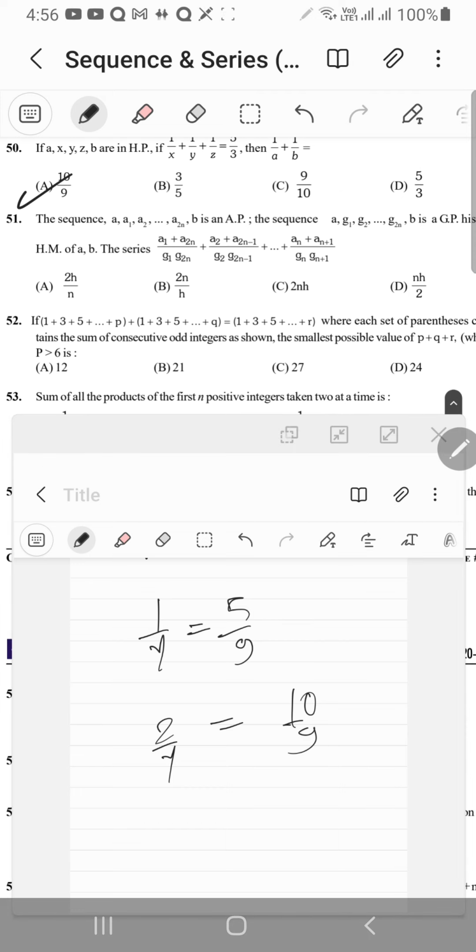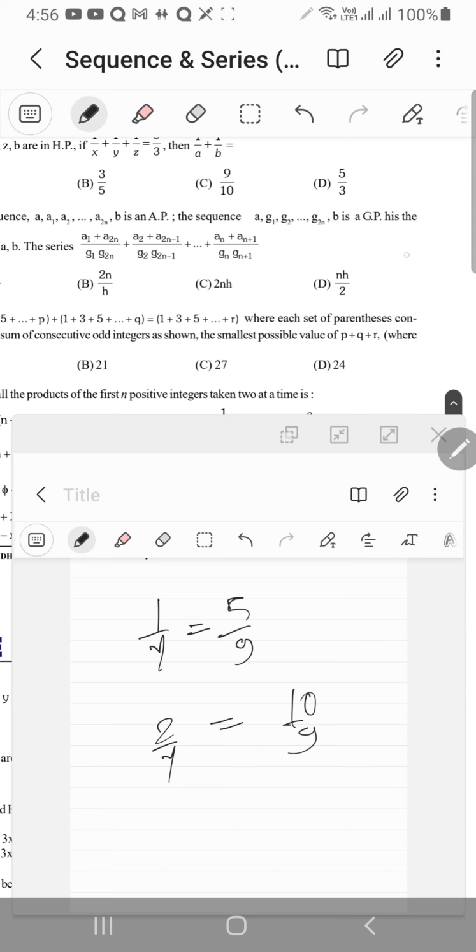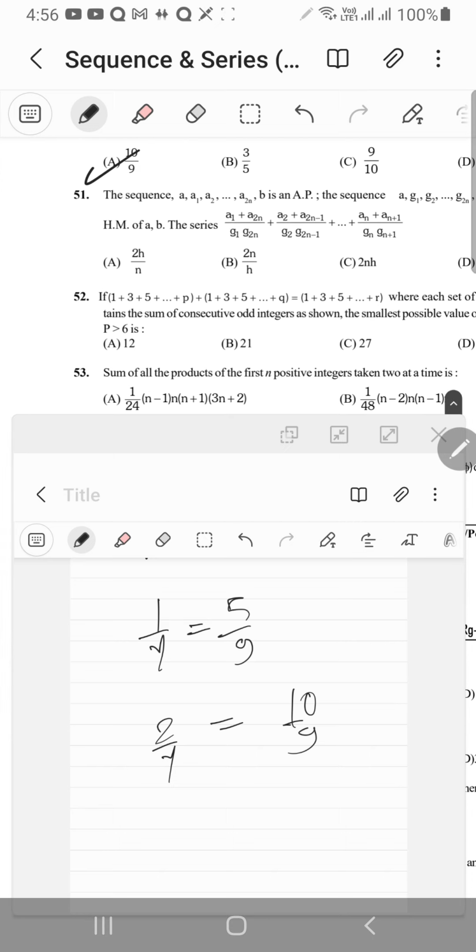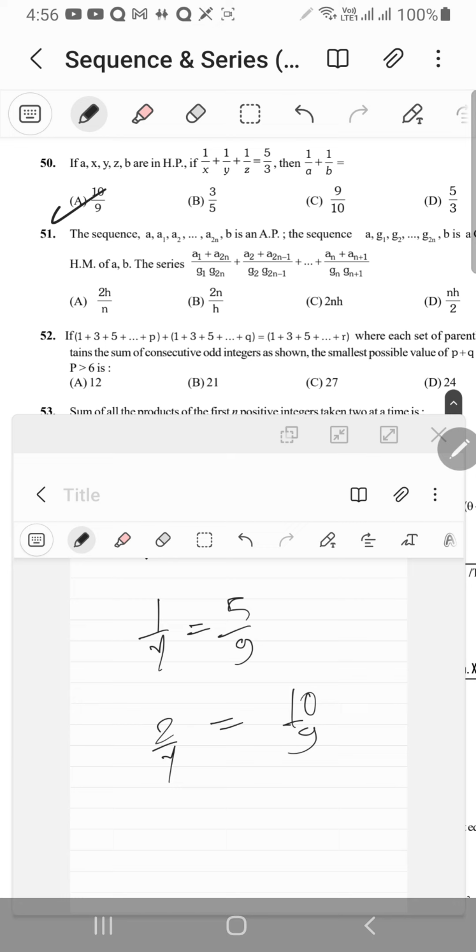The sequence a1, a2 all the way to a2n, with a and b over there, and then you have 2n of these terms in between. This sequence is a GP, and h is the harmonic mean of a and b.